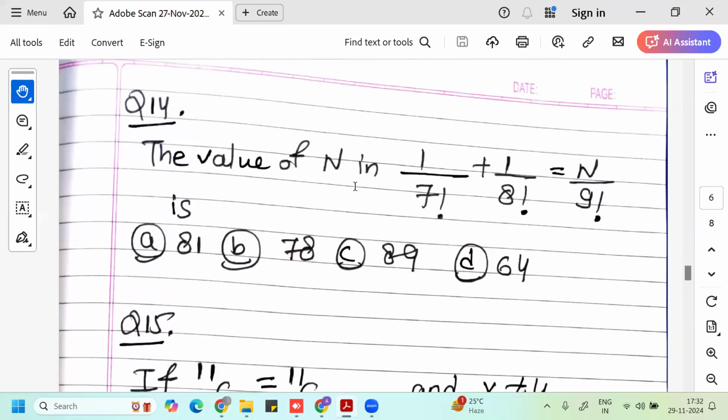Question number 14. Try question number 14, everyone.